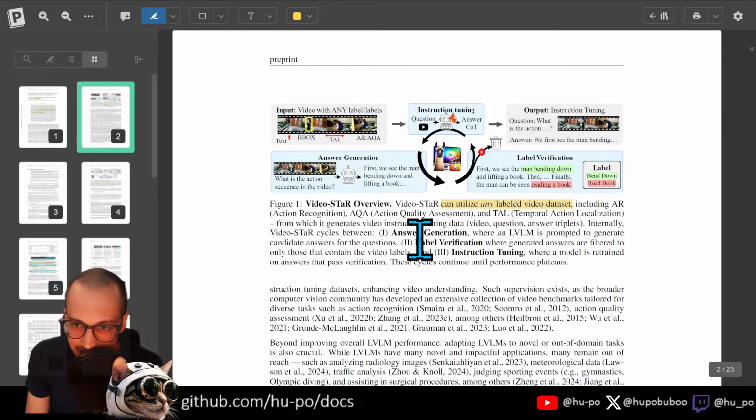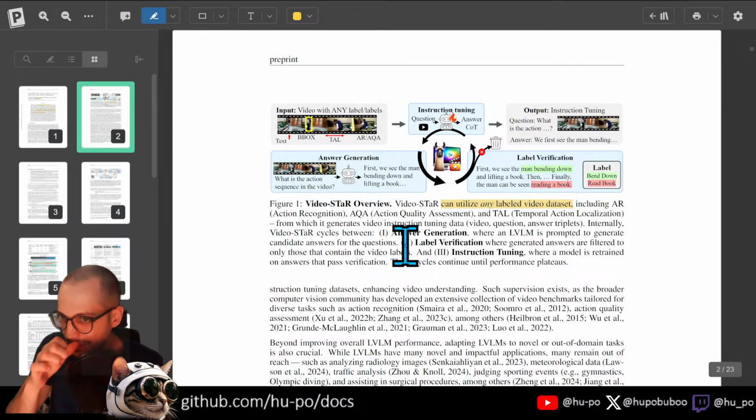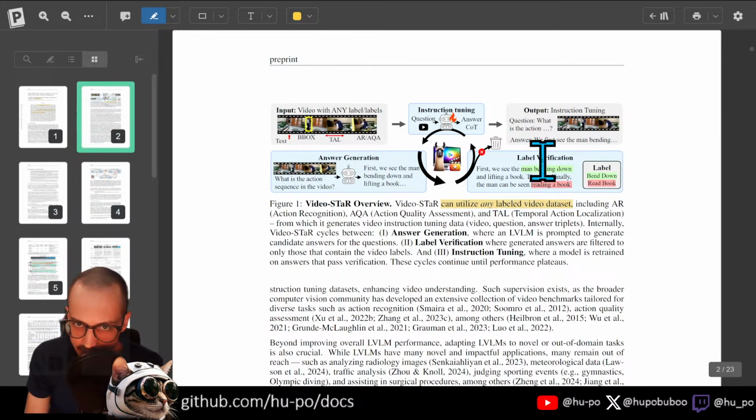Then you go to step 2, label verification, where the generated answers are filtered to only those that contain the video labels. So you have a refinement process here where the videos themselves come with some text tags, right? So there's some supervision that has gone into this data set.